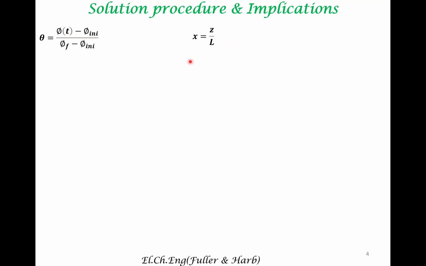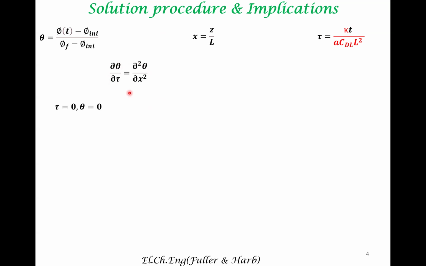You can non-dimensionalize the spatial variable in a straightforward manner. And then you get non-dimensional time that has certain significance. We will look at this term in the subsequent slide, but this is the way to non-dimensionalize time also. With all these three non-dimensional quantities, we can non-dimensionalize the partial differential equation.